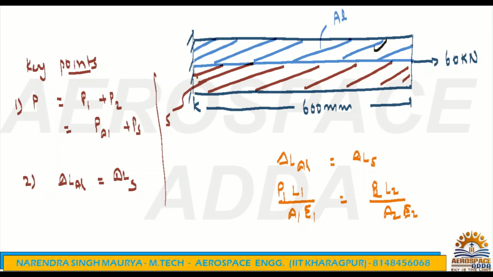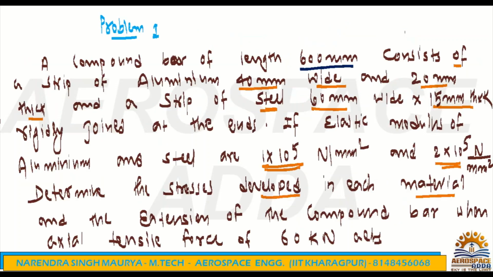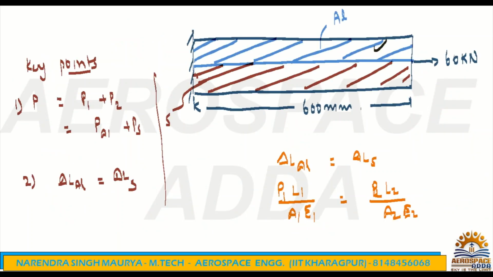The width they have given. If you check the dimensions, it is clearly mentioned for both. They said aluminum 40 wide and 20 thick. So obviously you will get the area, because you have to write the cross-sectional area.